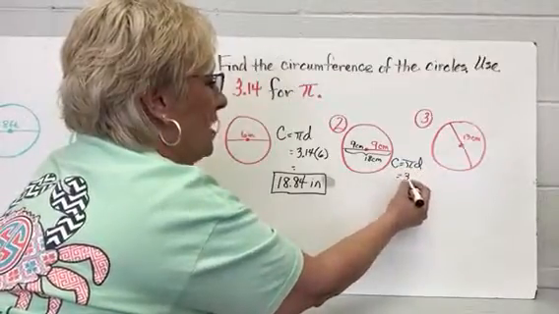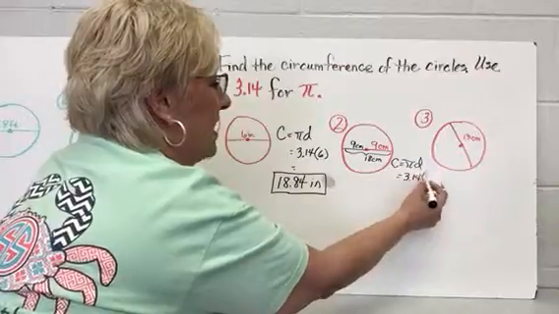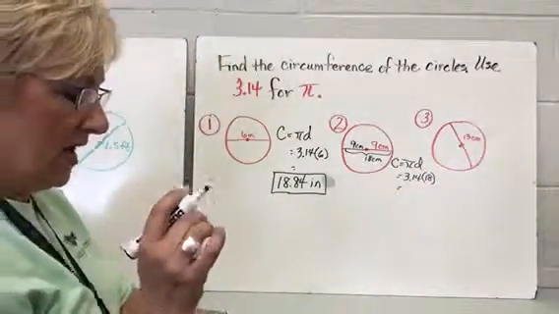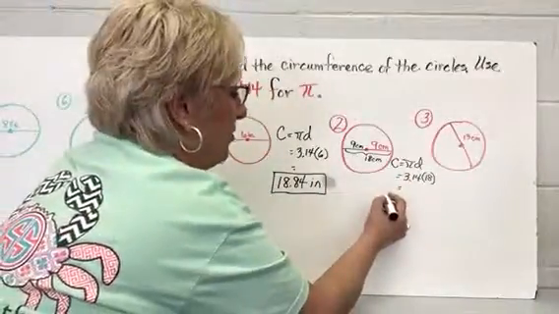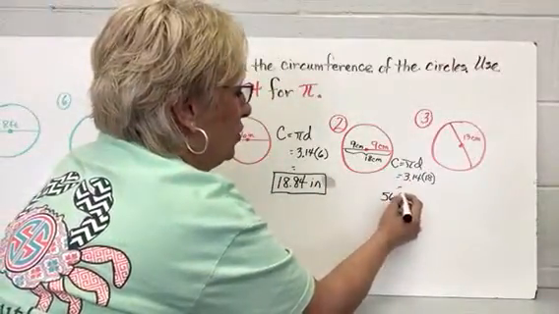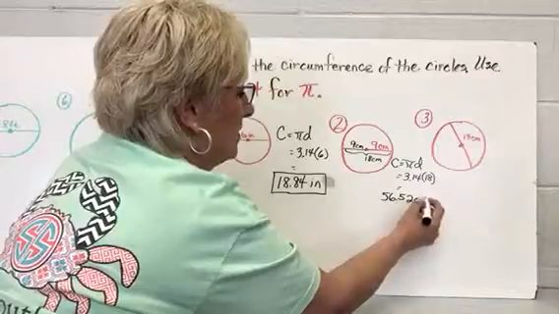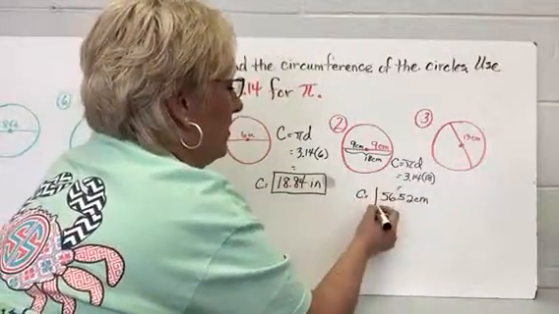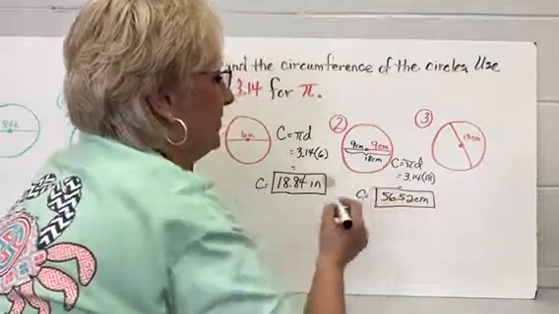That is going to be 3.14 times the diameter, 18, and that will equal, and I've already done it on a calculator, 56.52 centimeters. And because I'm talking circumference here, that is the distance around, it's just going to be in centimeters.